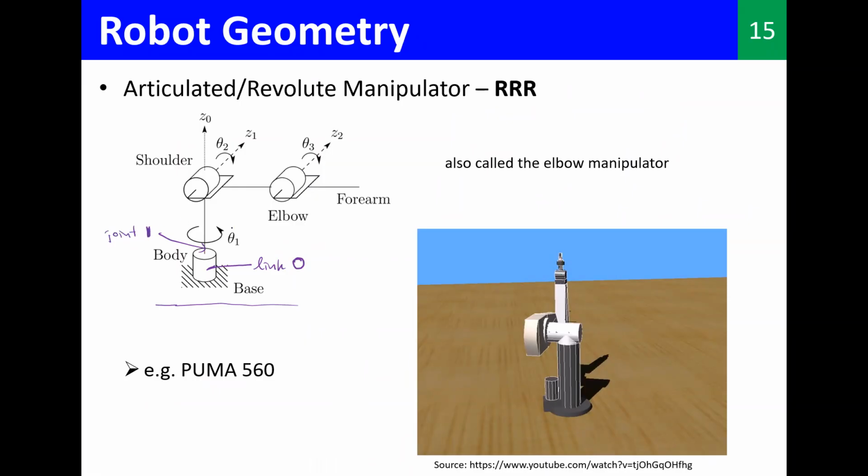Then this is link 1, and this one is joint 2. This is link 2, and this is joint 3. This is the shape of this articulated manipulator, and a very good example of this is the famous PUMA robot.